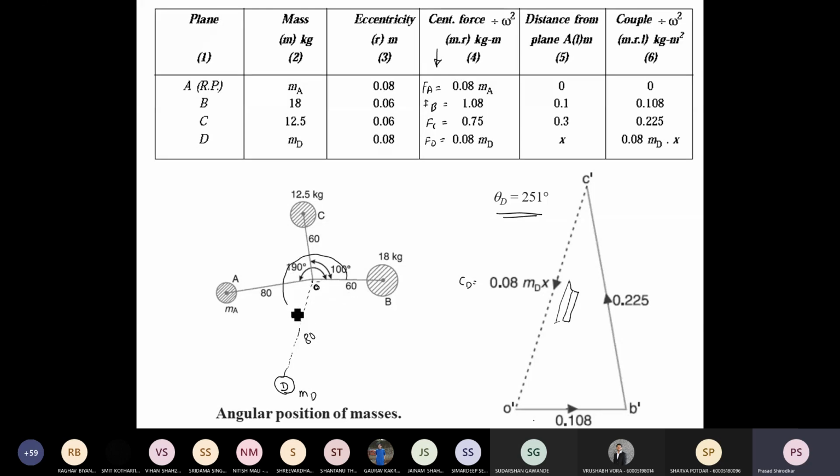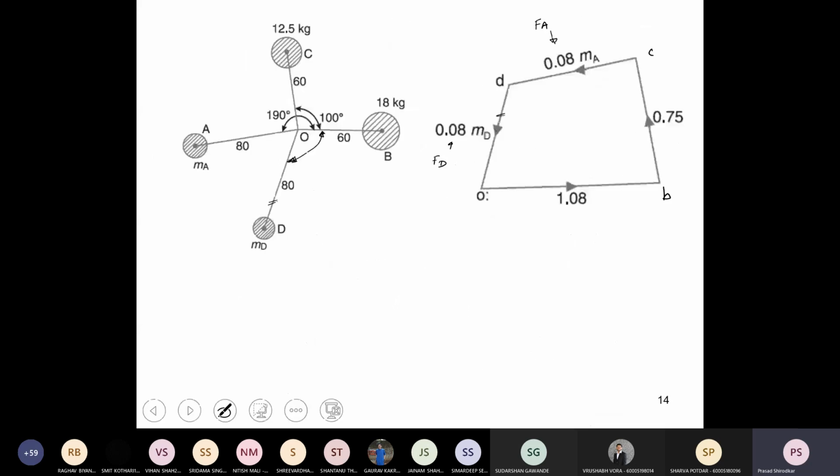Just measure theta D. It should be around 250 degrees. You are not going to derive the angular positions from this polygon. So this theta D is 251 degrees. Alright, all of you are done with this polygon.